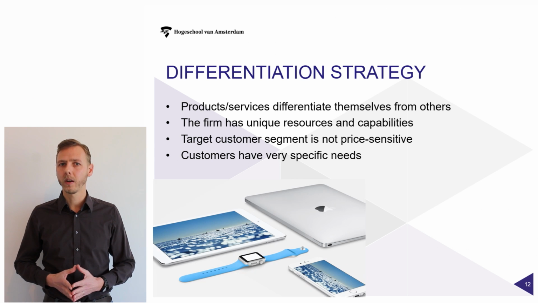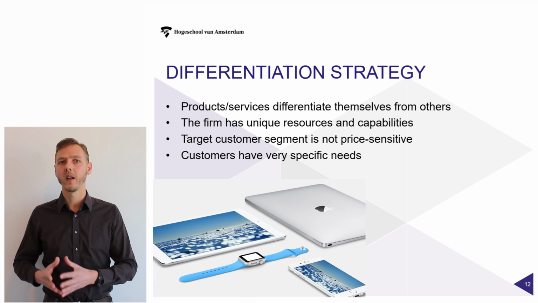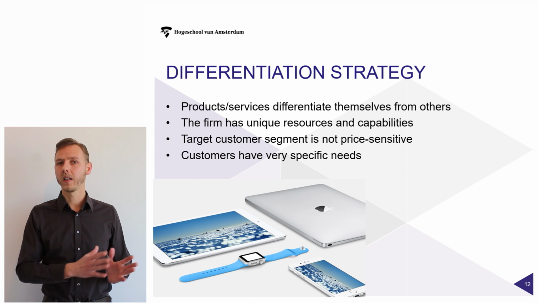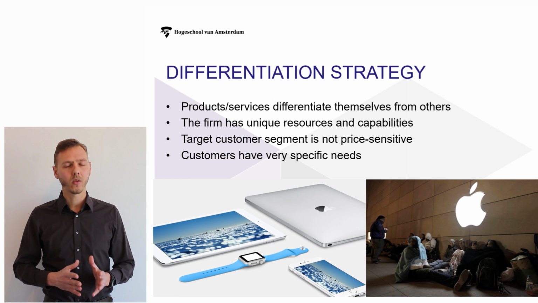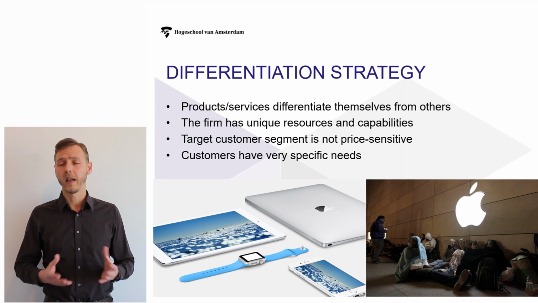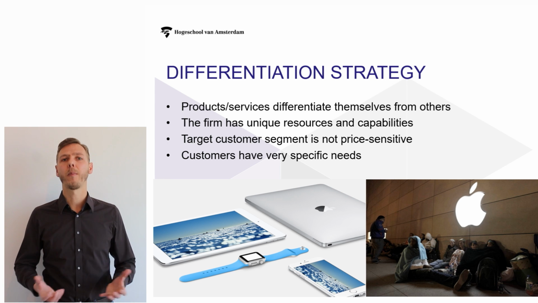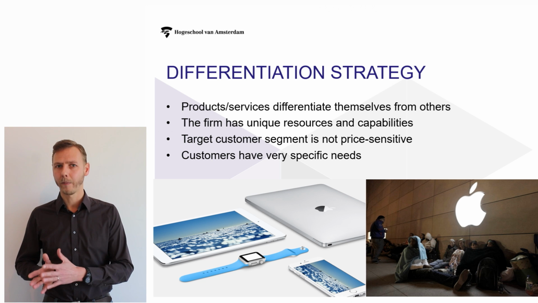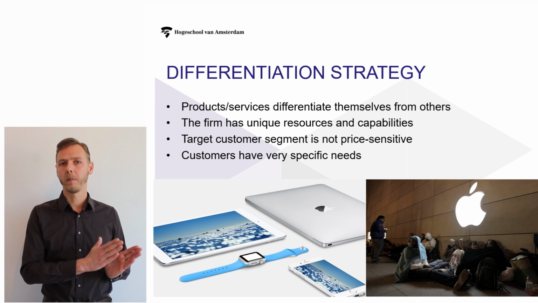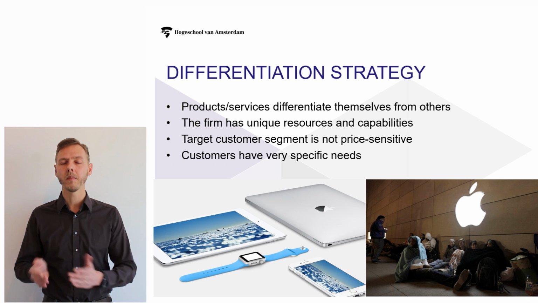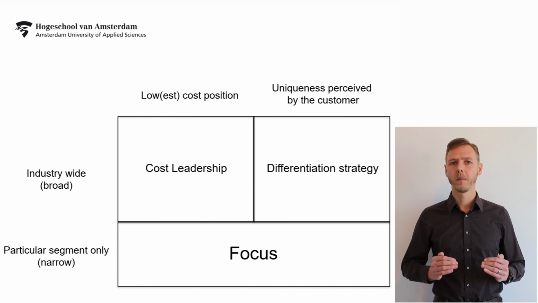For instance, Apple products are really, in the eyes of the consumer, different from other phone manufacturers or from other devices. Why? It's hard to explain, because there are a lot of exclusive or special or patented products in an Apple product which really differentiate this product from other manufacturers. That's the differentiation strategy.